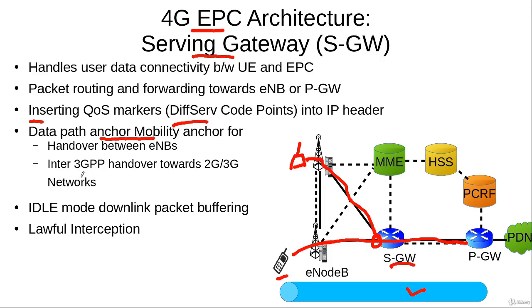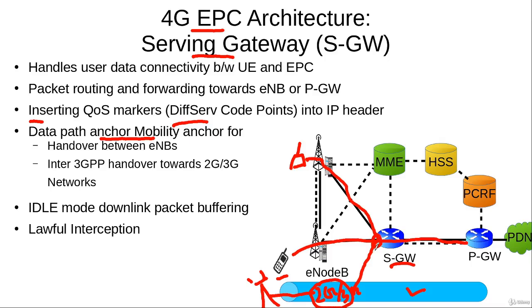Now in another case, for example, this is a base station, and this is a base station of a 2G or a 3G system, and if the user equipment moves in the coverage area of this base station, then there would be handover, but the data path that would be established would still be established through the serving gateway.